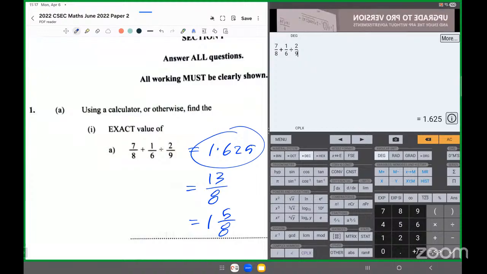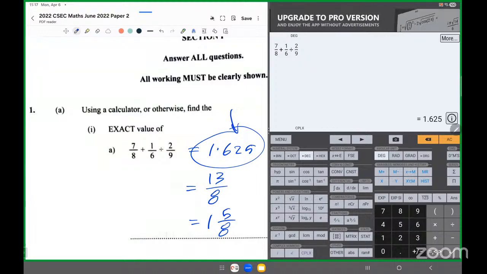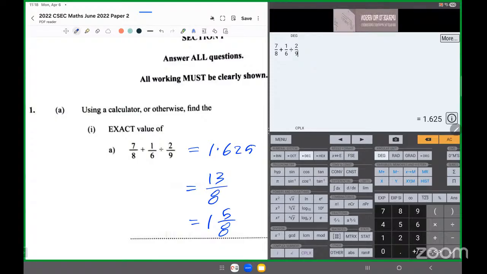But the only reason why I put this one this time is because it terminates. Right? It's a set number of decimal places. It's called a finite decimal. There's 1.625 as a decimal. So if you get a decimal that does not terminate, then you don't put the decimal. I don't want you rounding when you get a question that says exact.